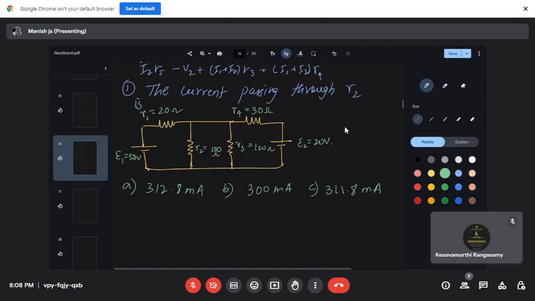Option D, 300.8 milliamperes. So these are the options. You have to find out what is the current passing through R2.